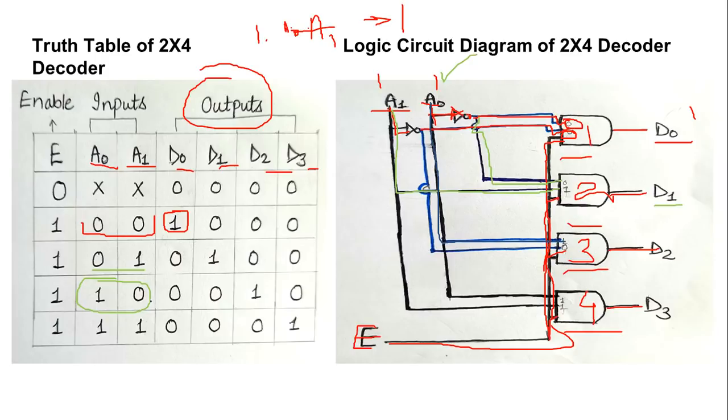But for the a1, I need 0. So this 0 is coming from the NOT gate. Same is the last case when I need both values of the decoder to be equal to 1 1. So definitely I will directly take the value of a naught and apply it to the AND gate. Similarly for this a1, I will apply it to the AND gate.